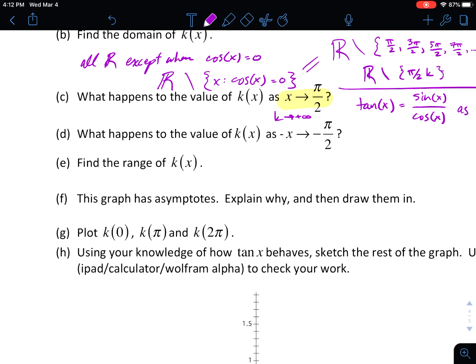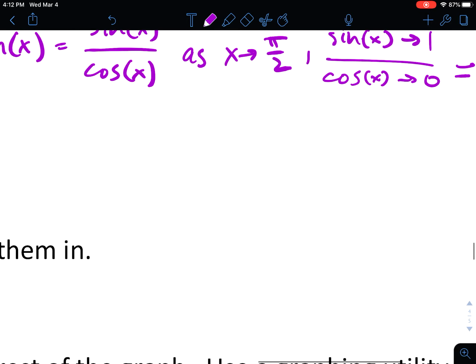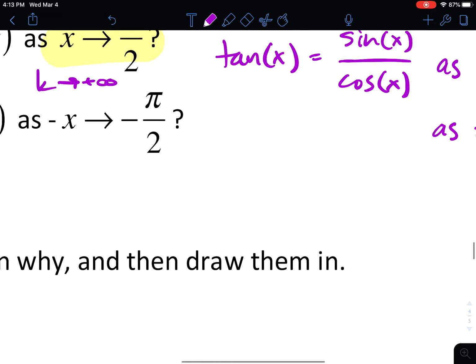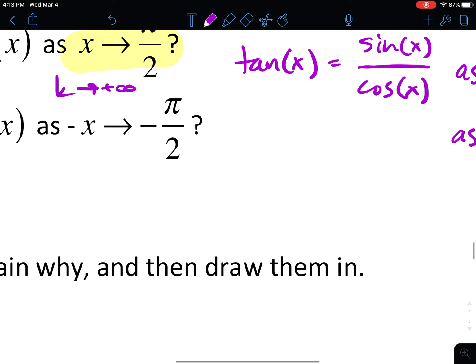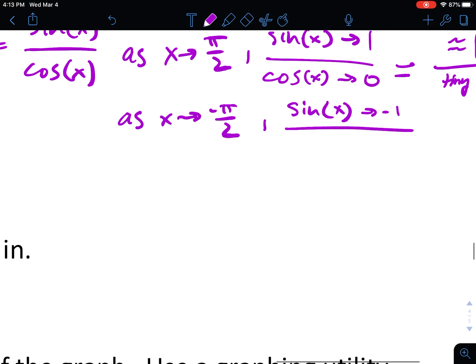By the same logic, we can say that as x is approaching negative pi over 2, we know that sine of x is approaching negative 1. And cosine of x is approaching, what is it approaching?